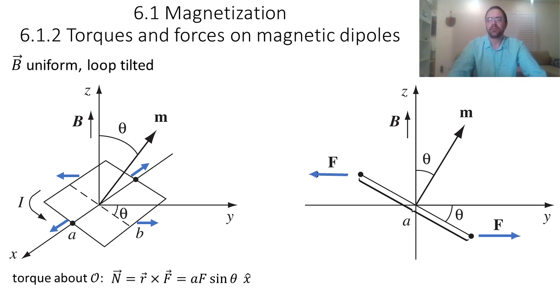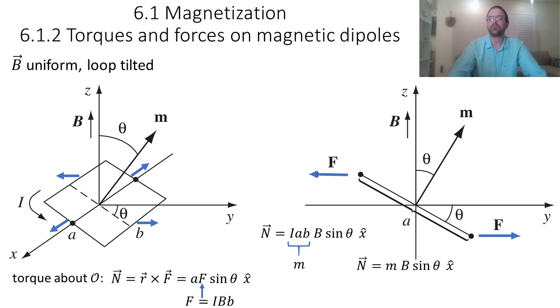Now, the length of the wire that contributes to the force is small b, so the Lorentz force is I times b times B. So the torque is equal to a times I times B times b times sine theta along x hat. But I a b is equal to the magnetic dipole moment of the loop, m. So we can write that the torque is equal to m B sine theta along x hat.